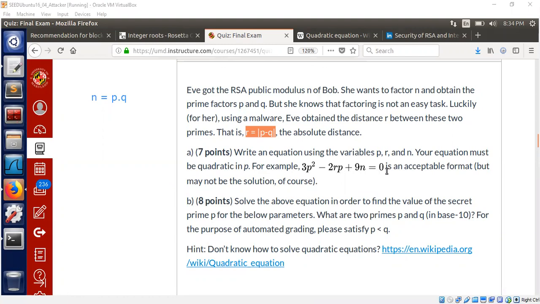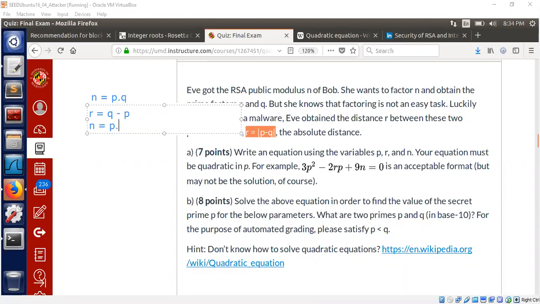Well, we are given r is equal to p minus q. That means we can write either p or q in terms of r. That's not a problem. So I'll just write the high-level idea here, and then we will take it from there. Okay, so let's take r as q minus p. It doesn't matter because it's absolute value anyways. Now we can rewrite our above equation.